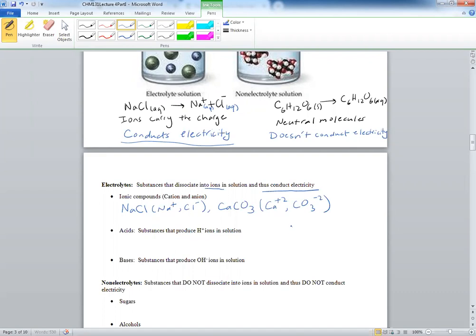So H plus, we call it a hydrogen ion, or it would be better if you remember this, it's called simply a proton. It is a proton. It's lost its only electron, so it's left with a proton. You can check that on the periodic table. So it produces protons or H plus ions in solution.